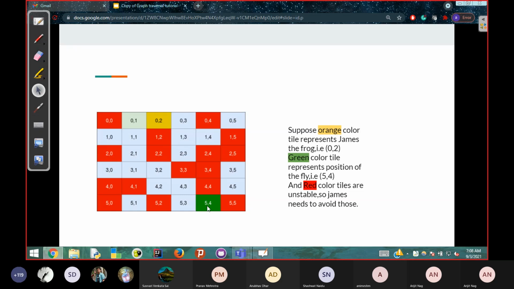Now there is a catch. The frog can move north, south, east, or west, just one step. From 0,2 he can move to 0,1 or 0,3 or 1,2. The red tiles are unstable.